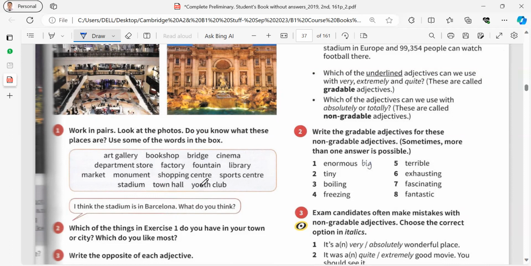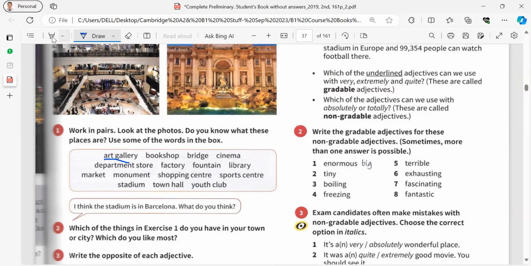Yes, there is a shopping center. And a market. We have a market. Okay, street market. Good. And we have a sports center also. And a town hall. We have it. Okay, good. And what about stadium and art gallery?